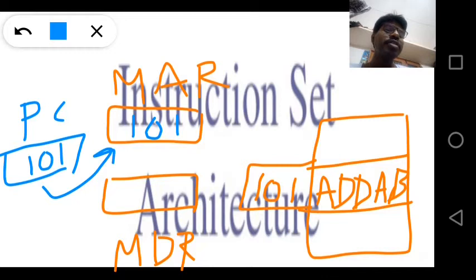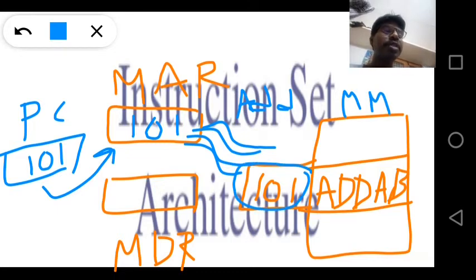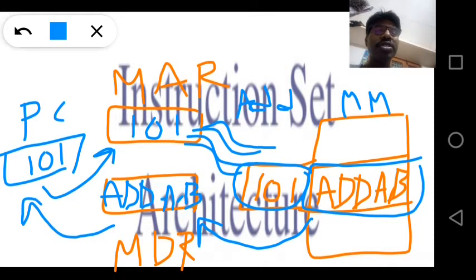If you keep an address in the memory address register, this MAR address is placed on the address line of the system bus, which goes to main memory and searches the memory for the address 101. The moment it finds the instruction, add a comma b is placed in the memory data register, which is transferred to the IR, the instruction register.